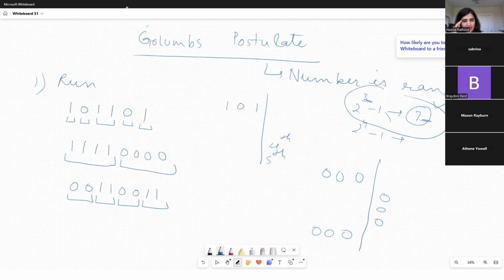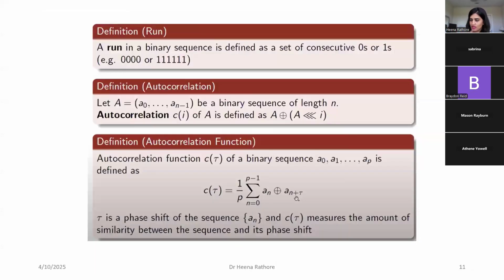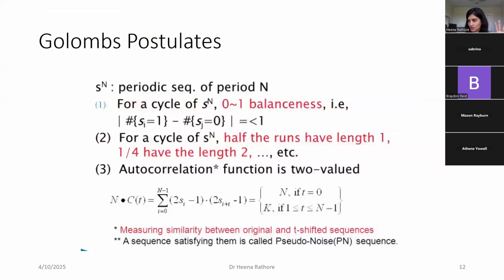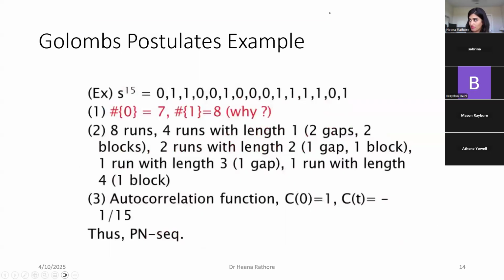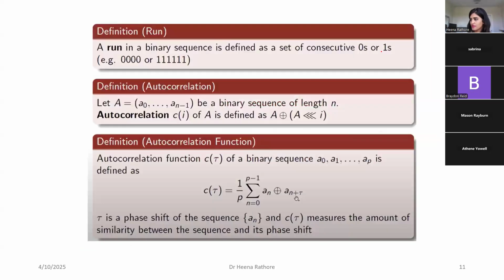The other important thing is the autocorrelation function, which I'll explain based on the example that I'll cover. But if you are able to understand run, I think you should be good in understanding Golomb's postulate. Golomb's postulate says you can know that the number that you generated as your key is random if it satisfies three properties.